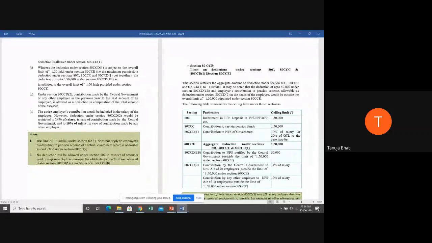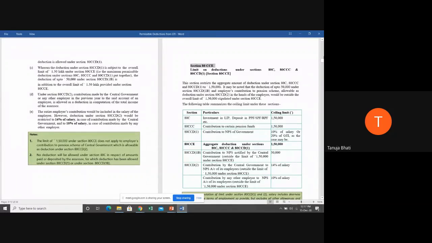So we know 80C is investments in a list of 22 categories; if you make an investment, you'll get a deduction. 80CCC, we know if you're making an investment in the pension scheme set up by the LIC, you'll get a deduction. 80CCD, we know if you're contributing towards a pension scheme notified by the central government, you will get a deduction. So what they're telling is that the total of all these three investments should not exceed 1,50,000. That is told under section 80CCE.